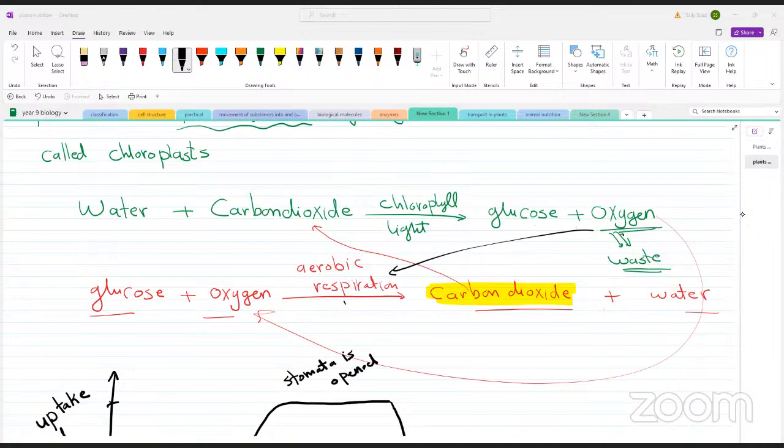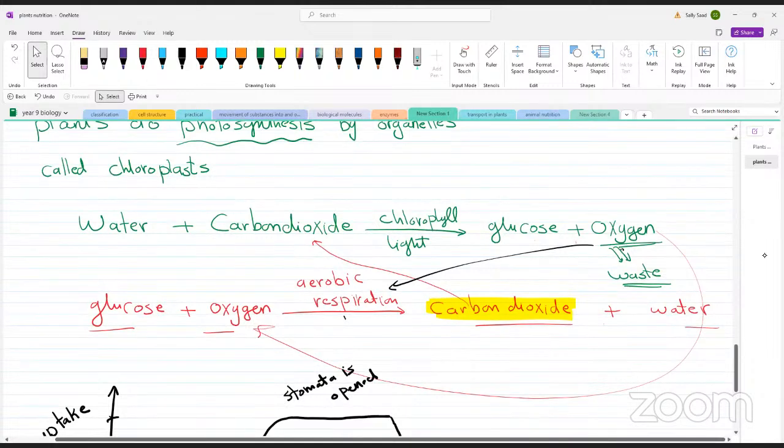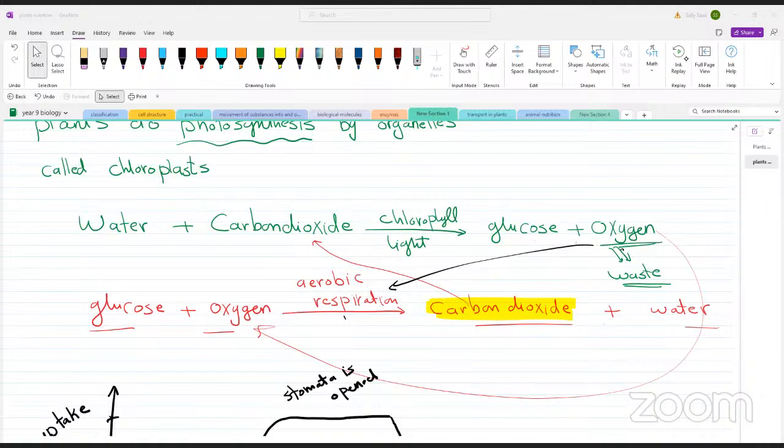What exactly you did not understand? Could you write in the chat? Here I'm talking about, we learned that plants have to do respiration. Agree with me or not?